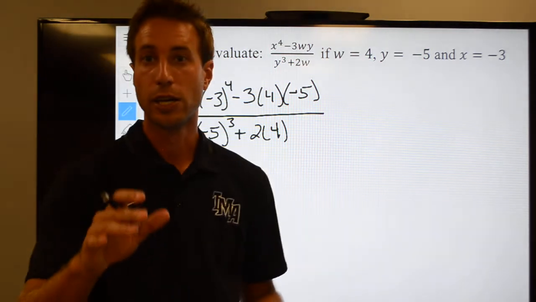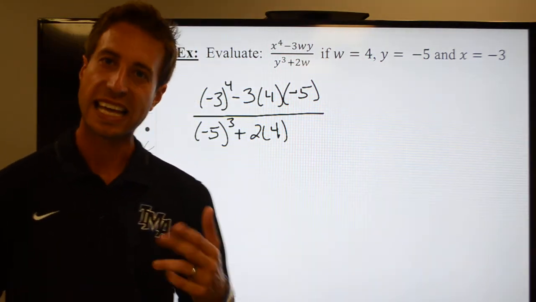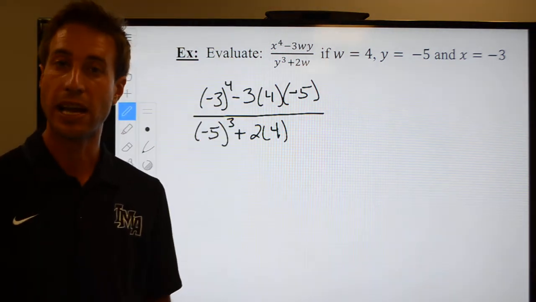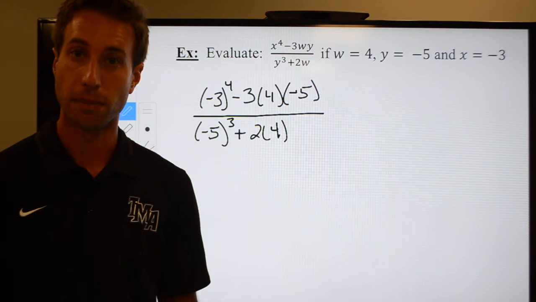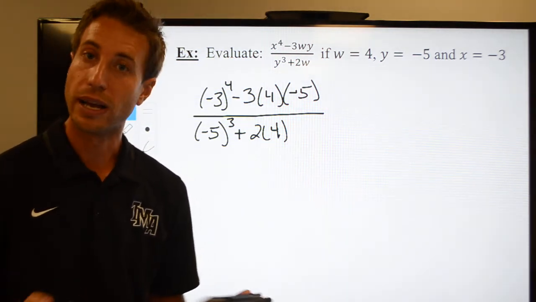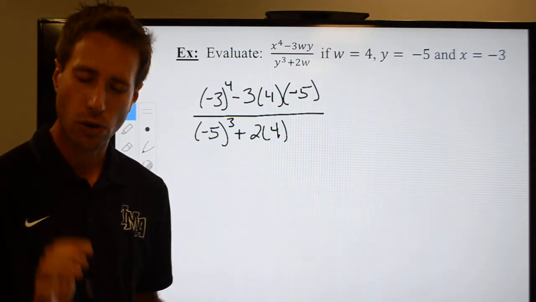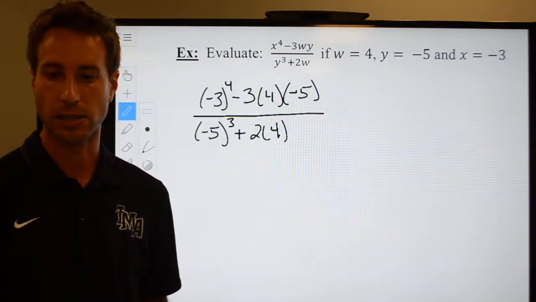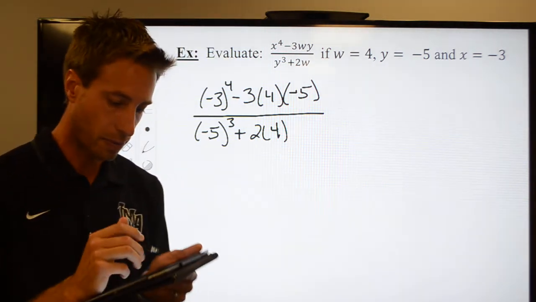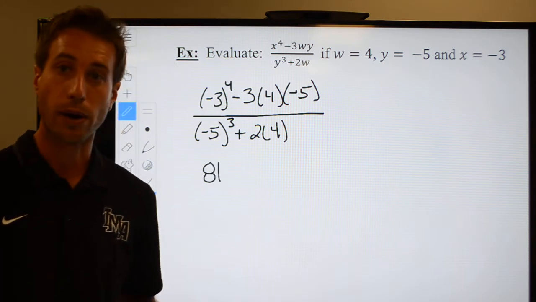Please feel free to use your calculator, but one of the things you should remember from Algebra 1 is that anytime you take a negative number, in this case -3, and raise it to an even power, 2nd power, 4th power, 6th power, whatever the even power is, your answer will always come out to be a positive number. In this case, -3 raised to the 4th power is going to be a positive 81.